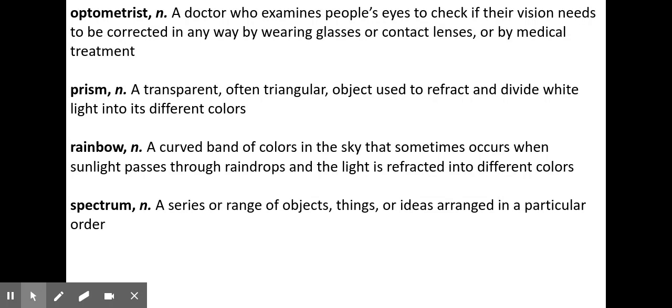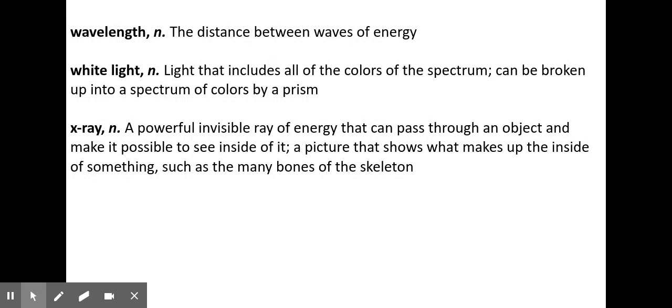Rainbow: a curved band of colors in the sky that sometimes occurs when sunlight passes through raindrops and the light is refracted into different colors. Spectrum: a series or range of objects, things, or ideas arranged in a particular order. Wavelength: the distance between waves of energy.